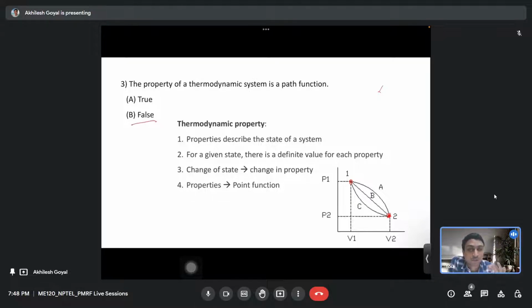So these properties are point functions, and the question says a property is a path function, so it is false. A thermodynamic property is a point function, and for a cyclic process, the change in property is zero.